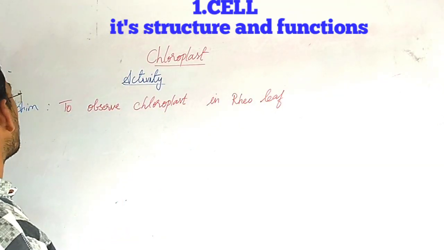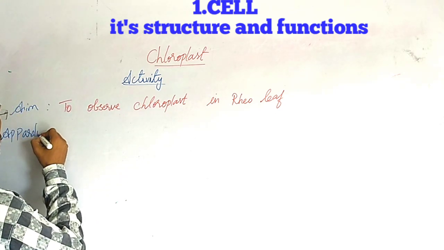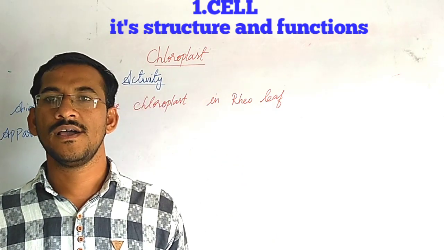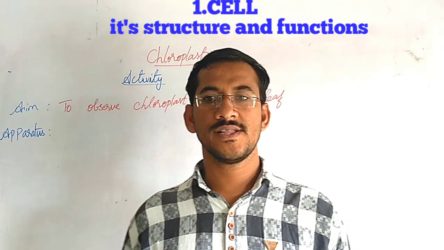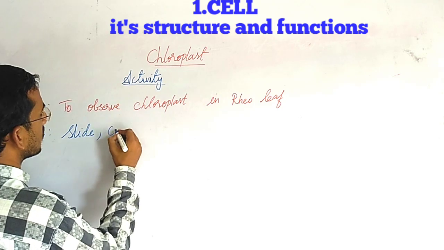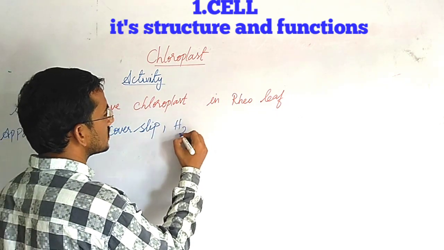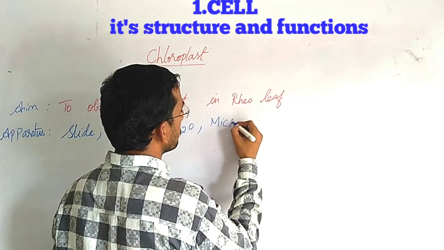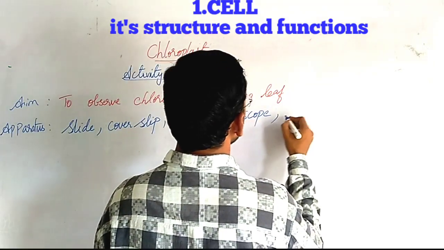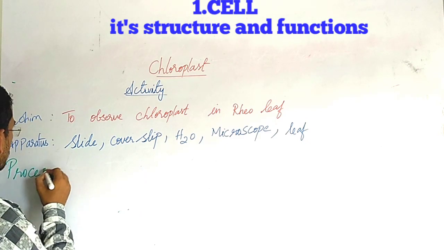Then let us see the apparatus, nothing but the materials required to conduct this activity. To perform this activity, what materials are required? Materials like slide, cover slip, then water, microscope, leaf. These things are required.